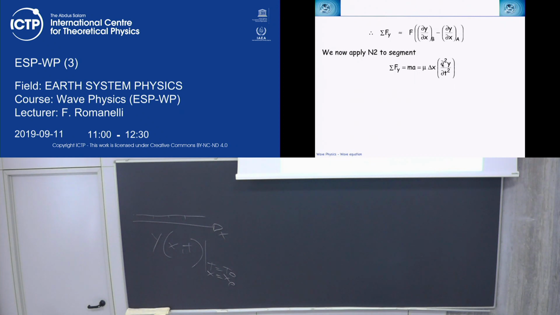Now we can assume two points of view. To be seated at one point of a string and let the time evolve, and we will have a stringogram, okay? Or we can take a string and take a picture and we fix time. So space and time. And this is the perturbation.